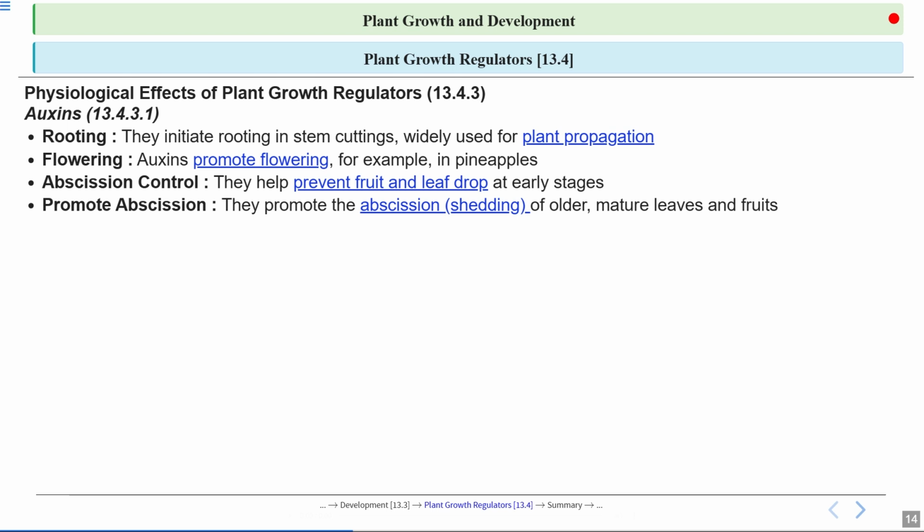But sometimes they promote abscission also, like the shedding of older mature leaves and fruits, right? They do not allow young fruits and leaves to get detached from the plant, but they do allow mature fruits and leaves to get detached.